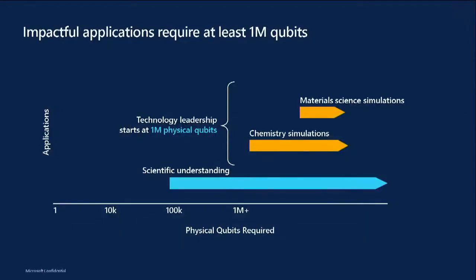The reality is that to get something to really be useful, even to have some level of scientific understanding of molecules, of carbon fixation, of drug discovery, etc., you need qubits, at least 100,000 qubits.